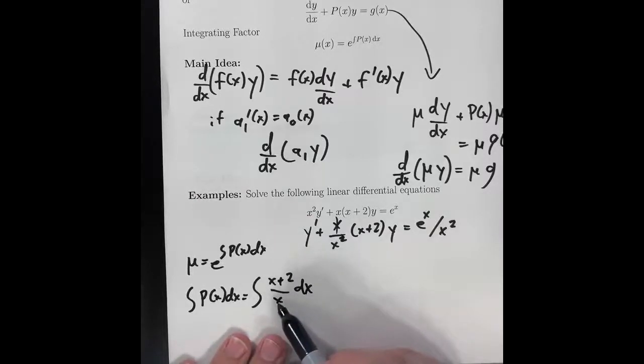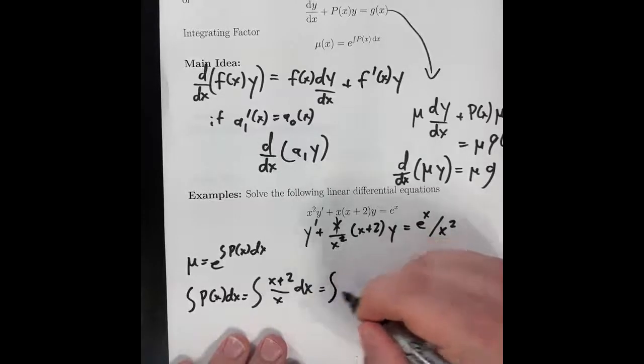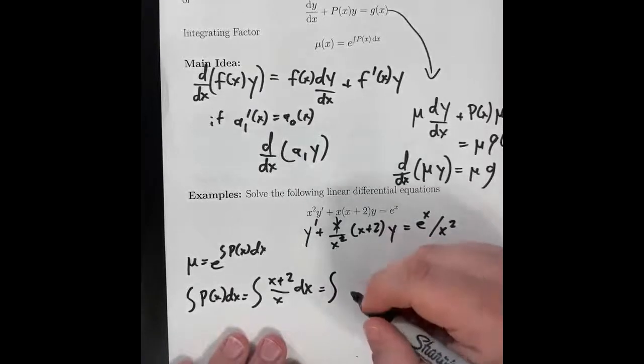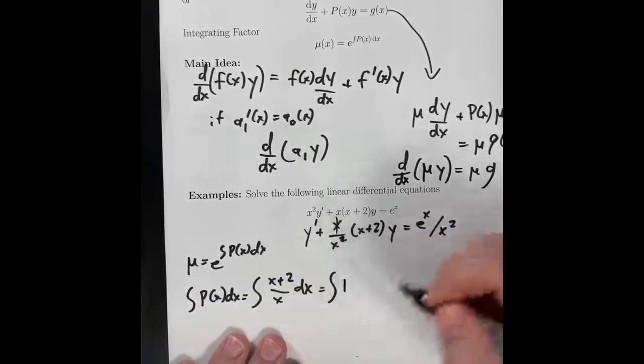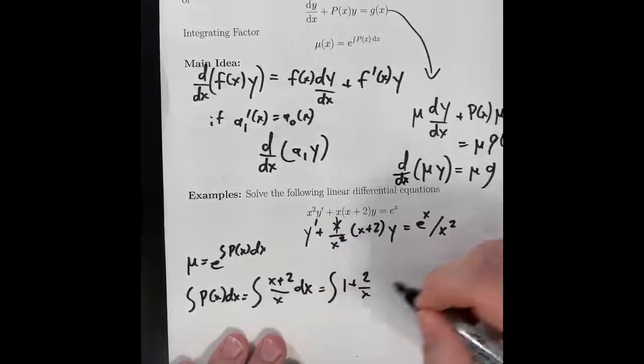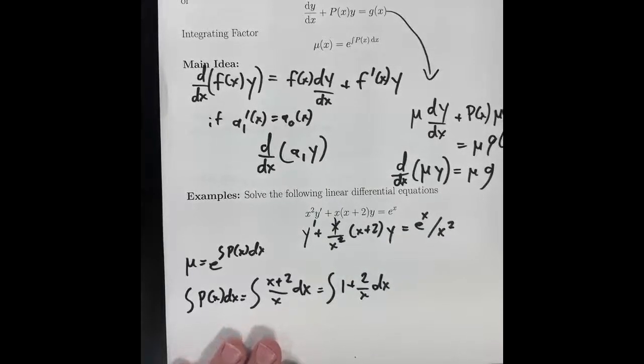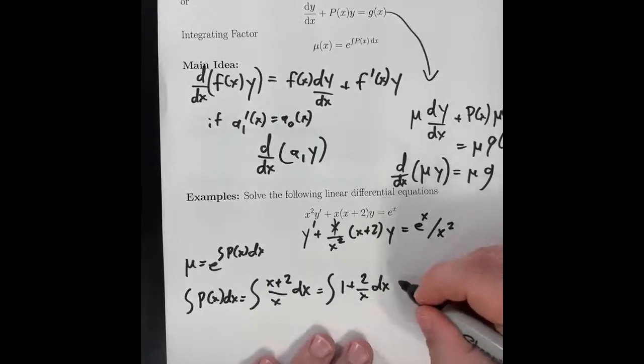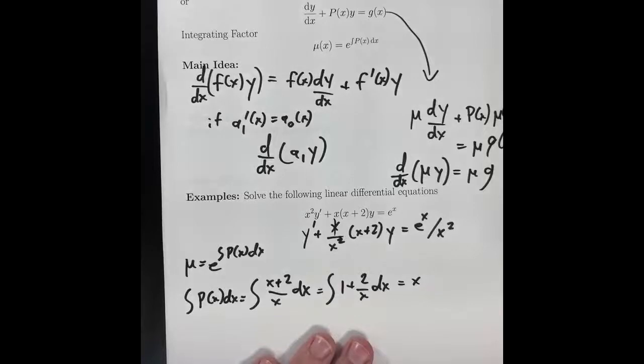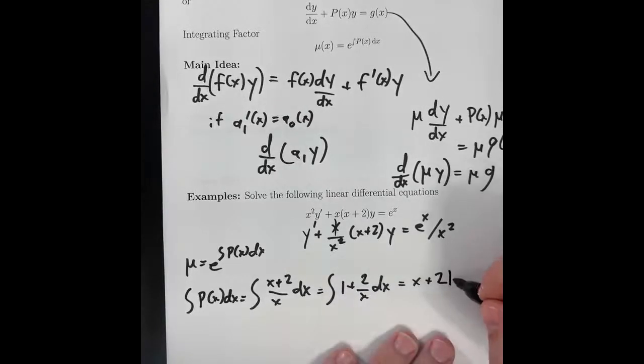You can't do it the opposite way, but because there's only a single thing in the denominator, we can split it. So this becomes the integral of x over x, which is just 1, plus 2 over x dx. Going through this, the antiderivative of 1 is x, and the antiderivative of 2 over x is 2 natural log of x.